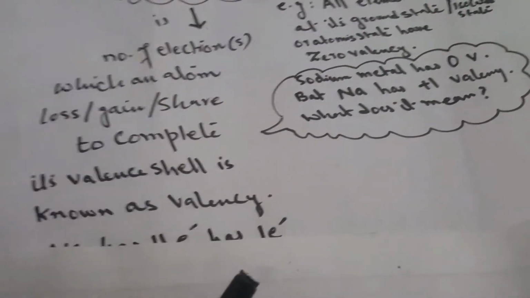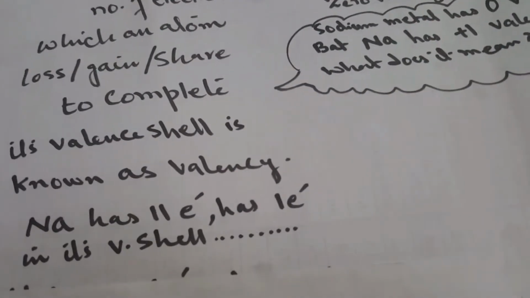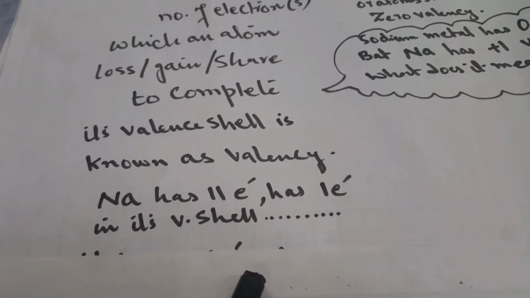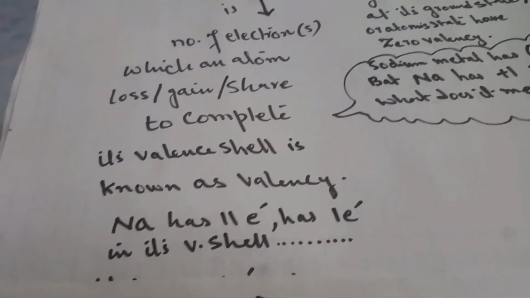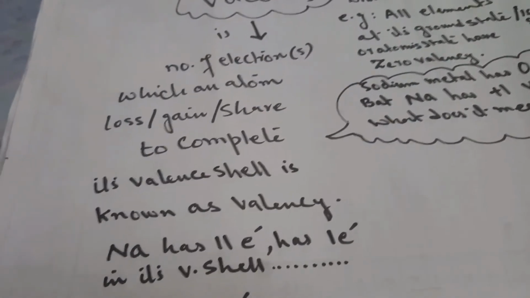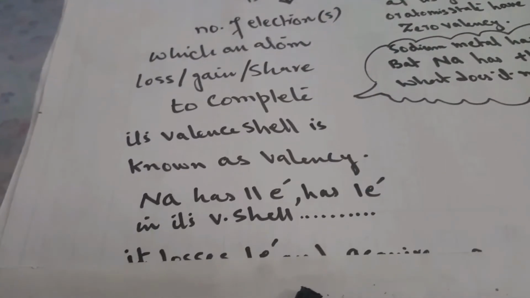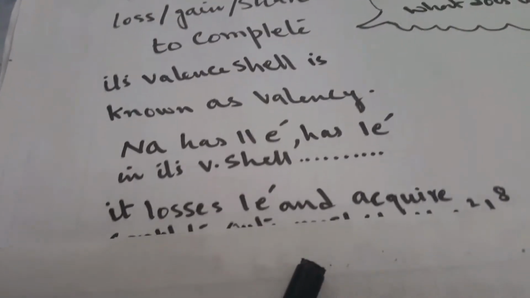For example, sodium has 11 electrons, which are placed according to the rule, going first in the K shell, then L, then M. So K2, L8, M1. It has 1 electron in the outermost shell.